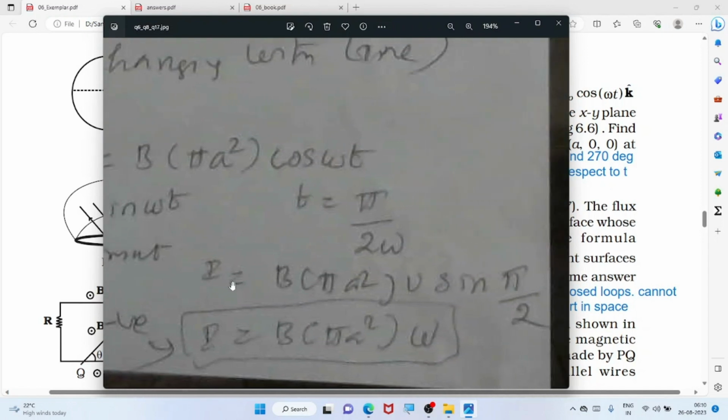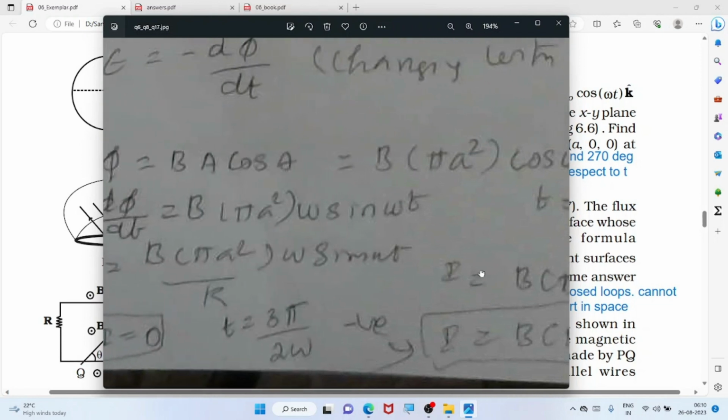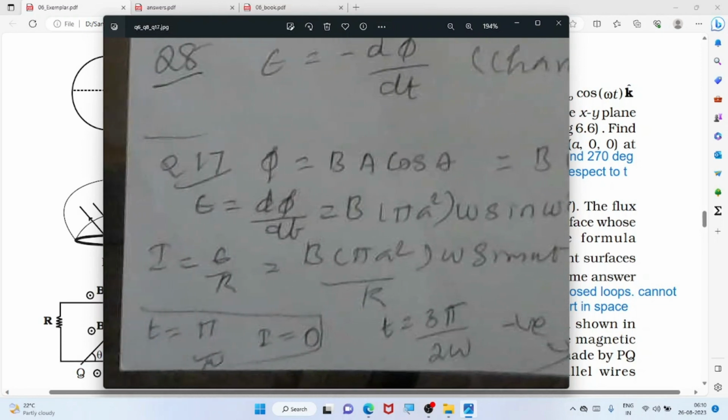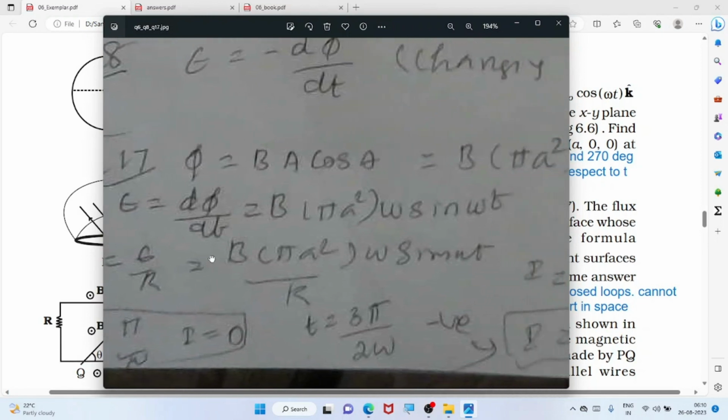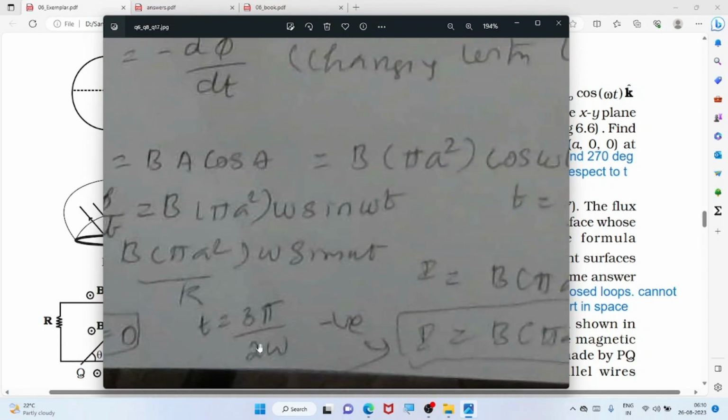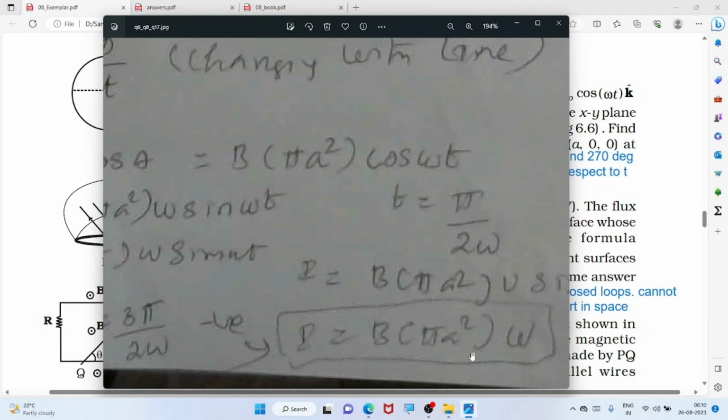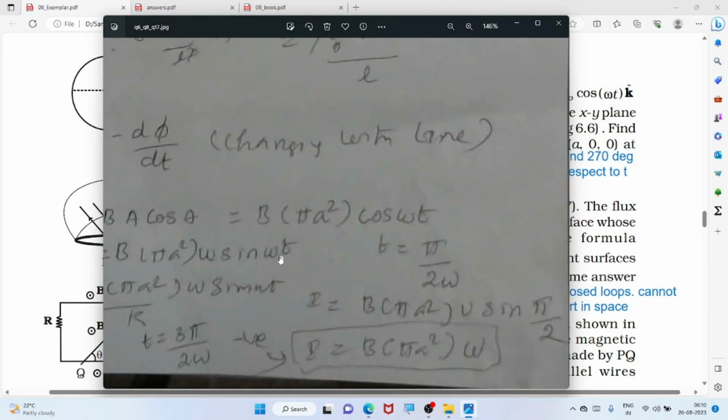So for this time you will get this current. When it is at t equal to pi, then current will be 0 because sin pi is 0. At t equal to 3 pi by 2, then current will be like this.